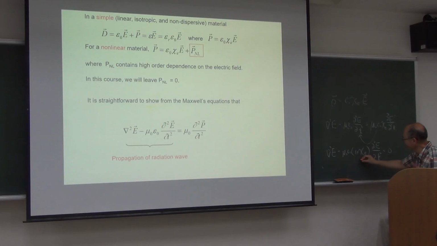This is the relative permittivity, and it is written as the square of the refractive index.